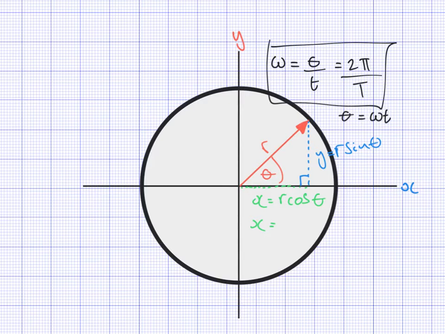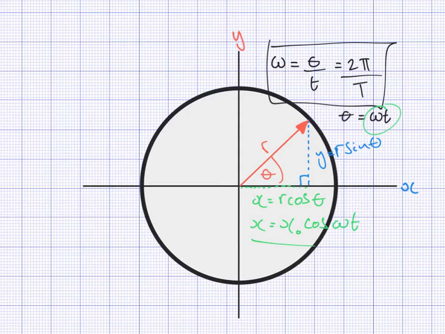My maximum x value. So let's call that x naught. That's my maximum x value, which is going to be equal to r at that time point, and that's going to be equal to cosine. And now rather than using theta, I'm going to say omega t. So I've just got a different way of writing that out. That hopefully makes some sense. We're going to use that in a minute.